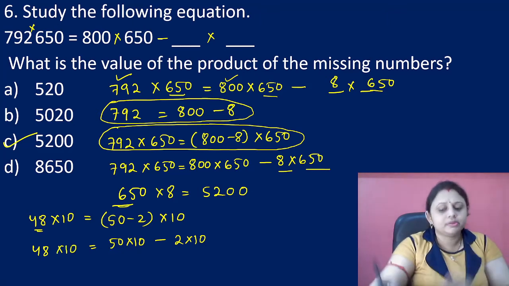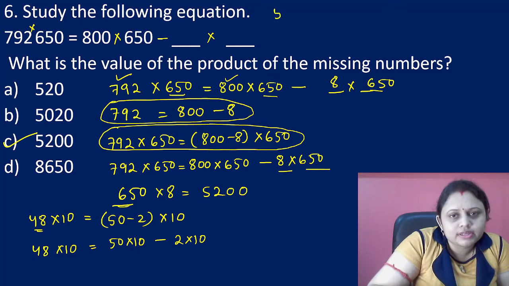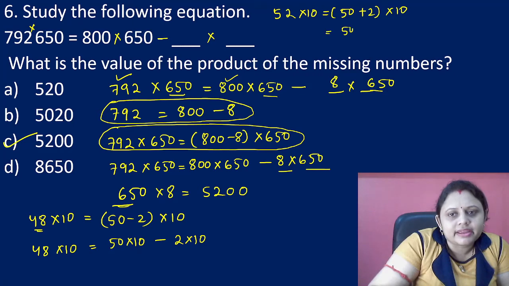Let me explain with some more examples. 52 into 10 is equal to, 52 can be written as 50 plus 2, into 10. When we open the bracket, 50 into 10, here plus is present, so we have to write plus here, plus 2 into 10.